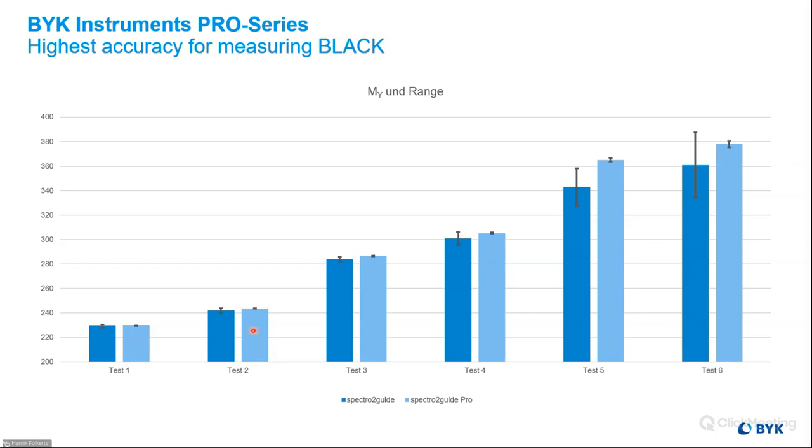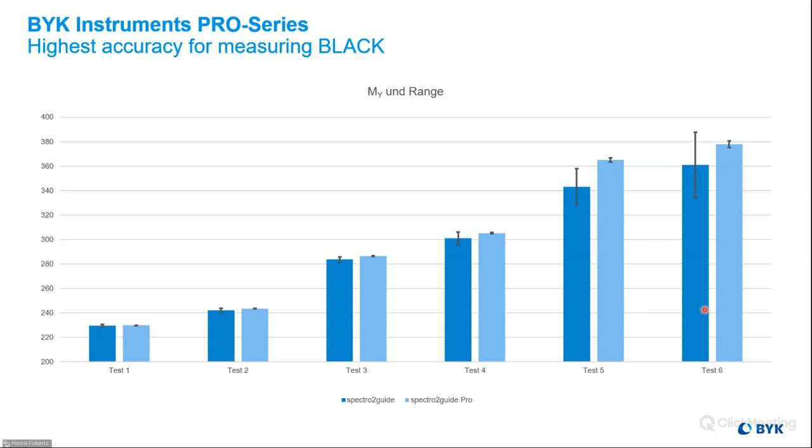For the brighter samples, 1, 2, 3, so they are really deep black, but they are brighter, the brightest ones in this sample set, we can only see a small difference between the normal Spectro 2 guide and the Spectro 2 guide Pro. So this is really the same. This is due to the fact that the amount of reflected light is somewhat bigger than the noise, and the signal to noise ratio is a bit better here.